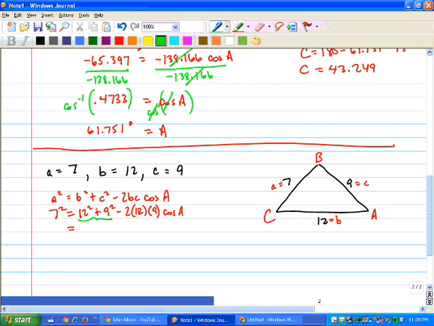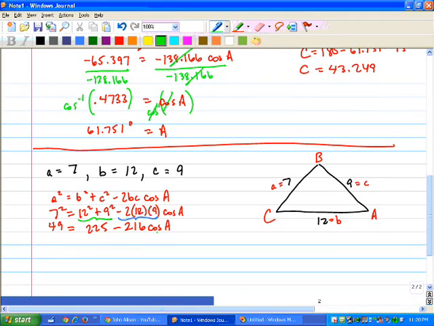That's 225. Then we find out what negative 2 times 12 times 9 is. That's negative 216. But recall, that's still tied to the cosine A by multiplication. 7 squared, of course, is 49.